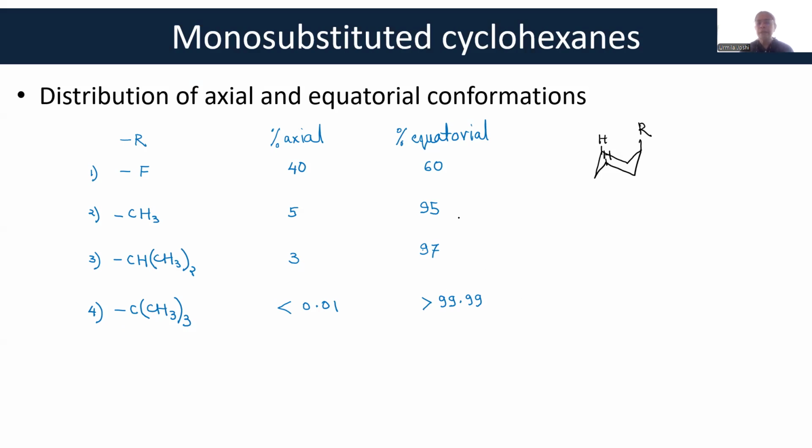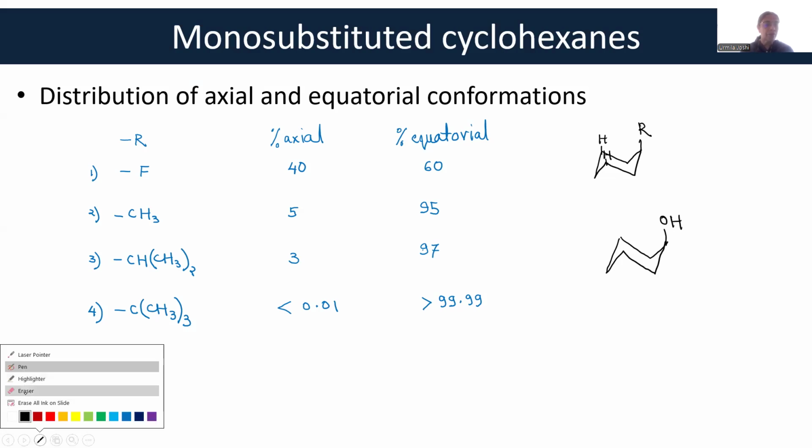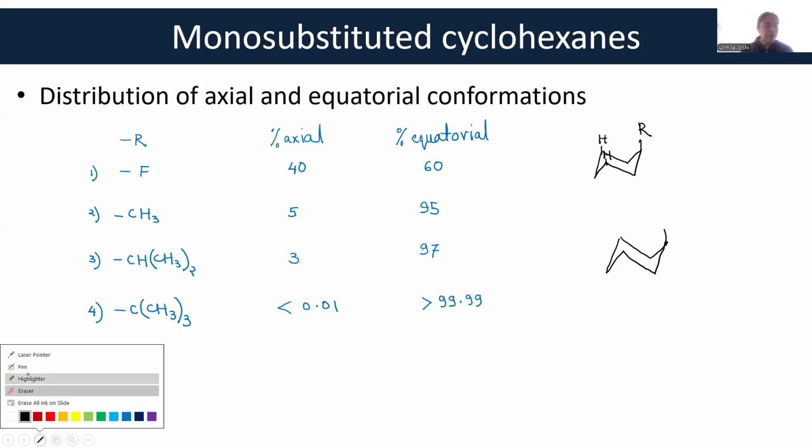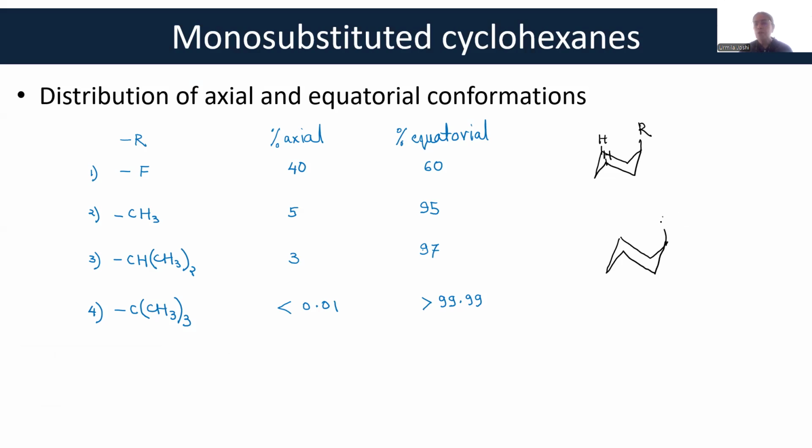Now here, one thing I want to mention, questions have been asked about cyclohexanol preferring the axial conformation, and the answer that has been given for this has been hydrogen bonding. But let me clarify some things. Suppose this is OH, okay, and this is H. The reason that is given is hydrogen bonding with 1,3-diaxial hydrogens.